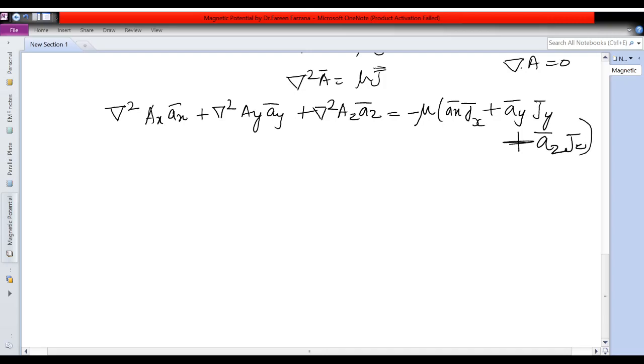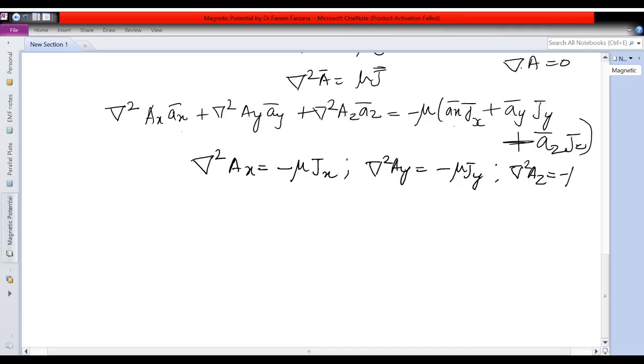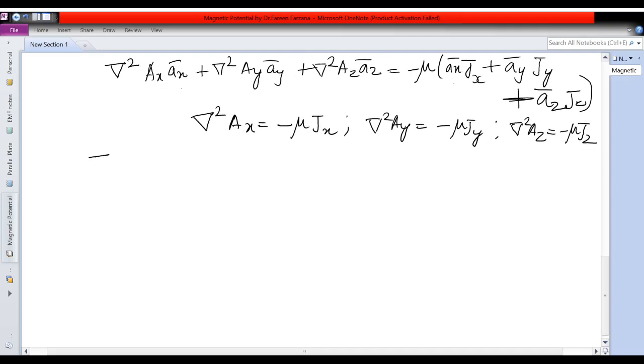This is how I want to write it. Now I want to equate on both these sides. I am going to equate the coefficients of AX, AY, AZ. When I equate, del square AX is equal to minus mu into JX, del square AY is equal to minus mu into JY, del square AZ is equal to minus mu into JZ. When you see this, hope you remember your Poisson's equation, del square V is equal to minus rho by epsilon.